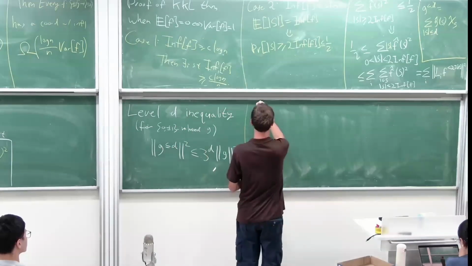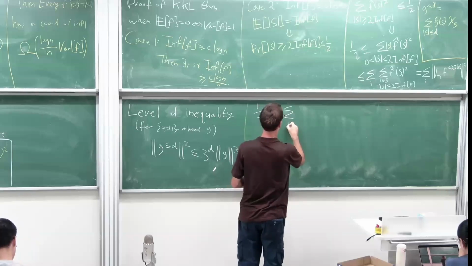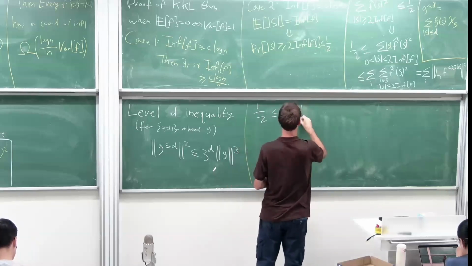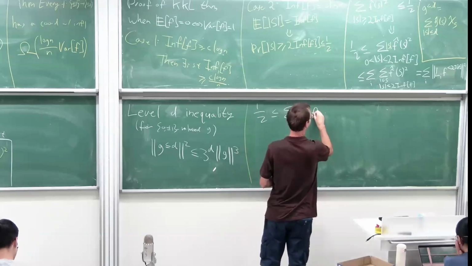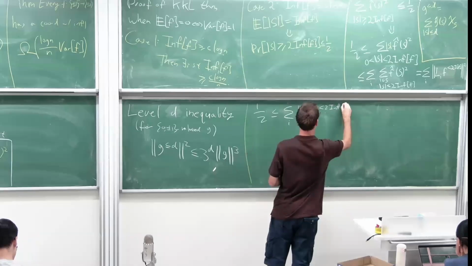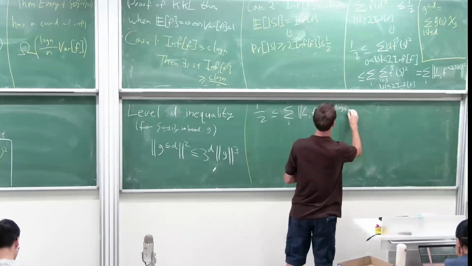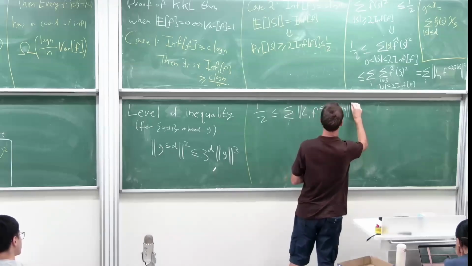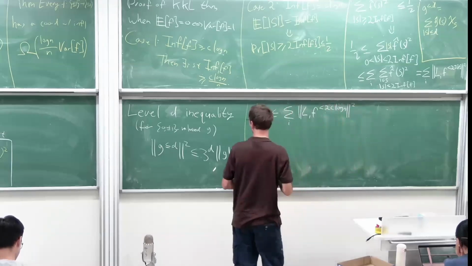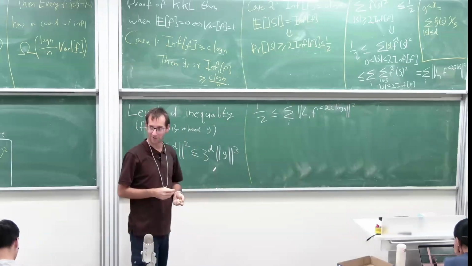Okay, so we have the sum of the LIFs, the squared Fourier weight of f, at most two, let's say, 2c log n. And now we apply this level-d inequality, or in the literature, sometimes it's called the level-k inequality.